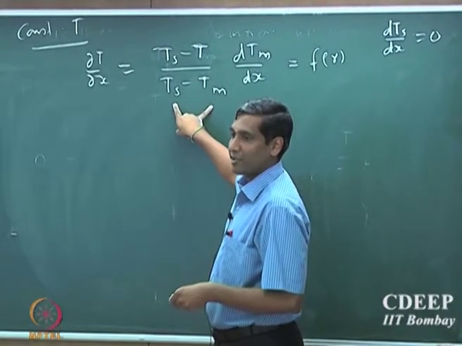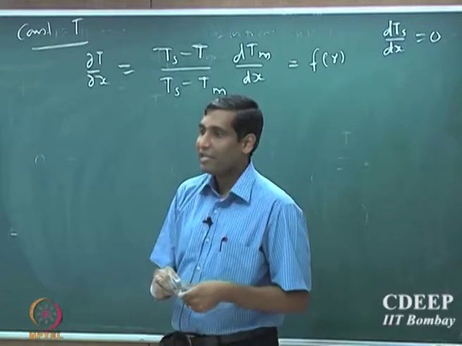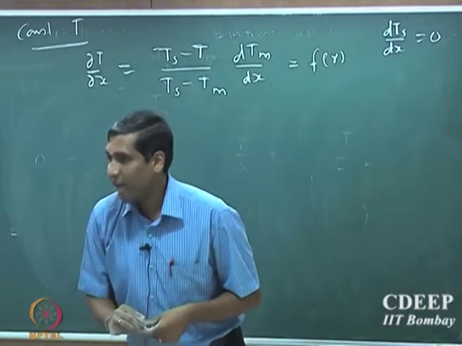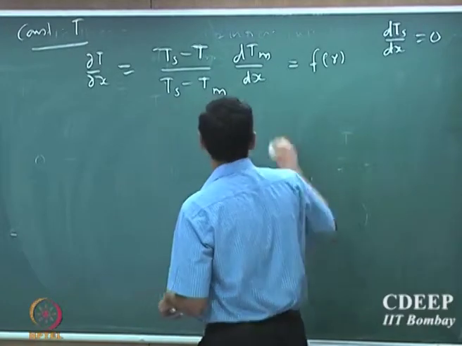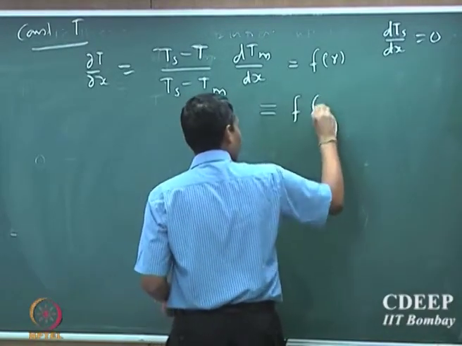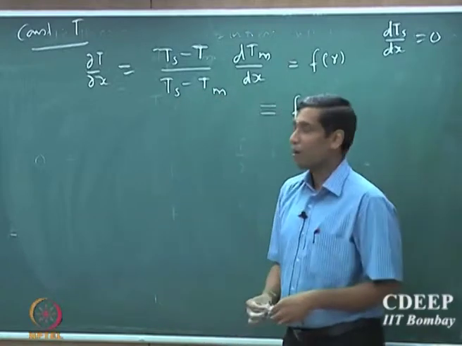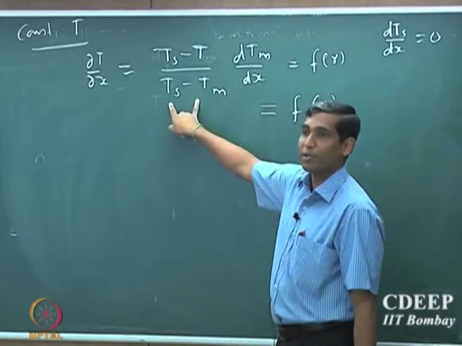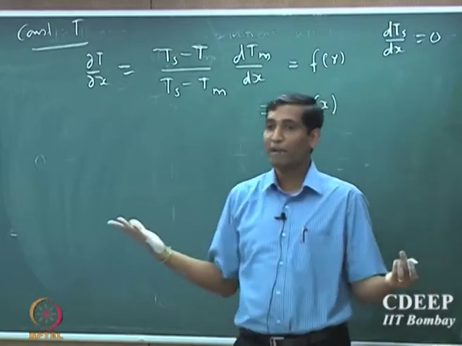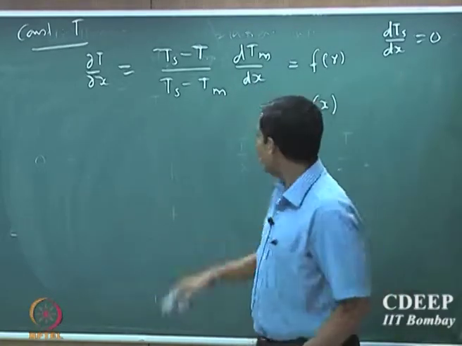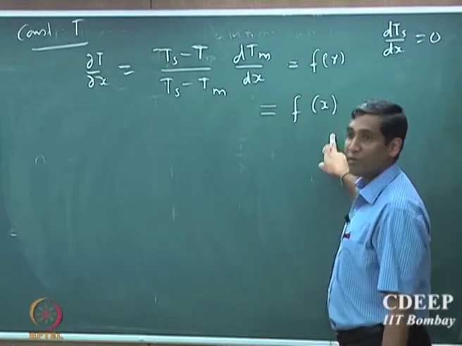But this actually can be a function of axial position, because although you have a dimensionless temperature here, for the gradient dTm by dx we don't know anything. So dTm by dx can in principle be a function of x.